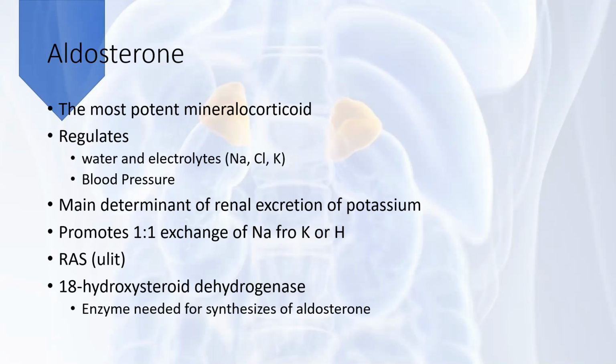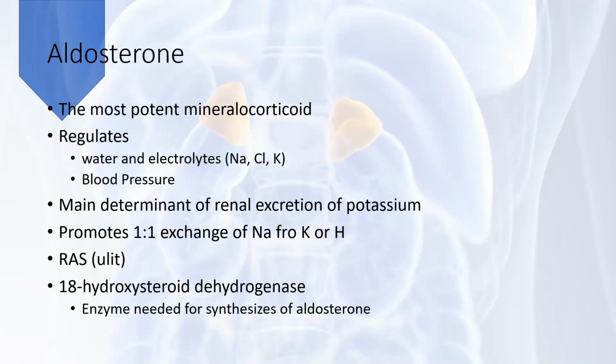Bakit? Because aldosterone promotes 1:1 exchange of sodium and potassium or your hydrogen. Kaya nga importante rin ito sa acid-base balance natin. Di ba? Pag ikaw yung nag-vomit, suka ka ng suka, napopromote yung exit of your hydrogen, kaya nagiging acidic. Ayan, RAAS ulit.